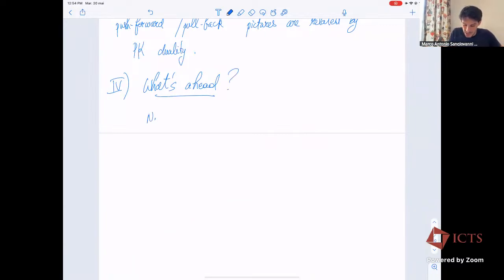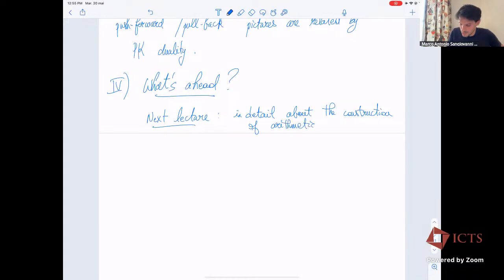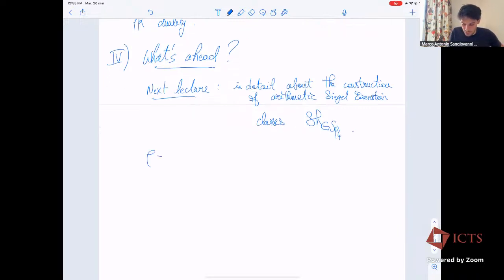So in the next lecture, I will talk in detail about the construction of arithmetic Siegel-Eisenstein classes on the Shimura variety for GSp4. So recall the example for rho is the adjoint.